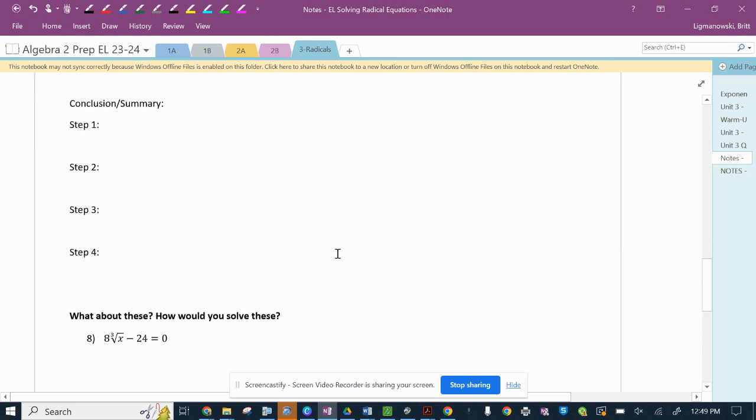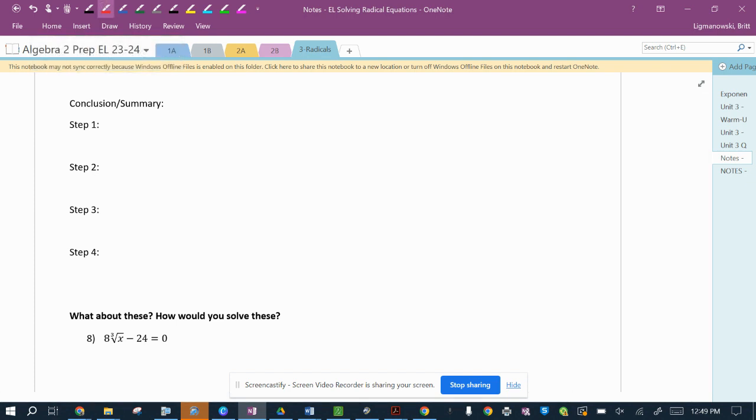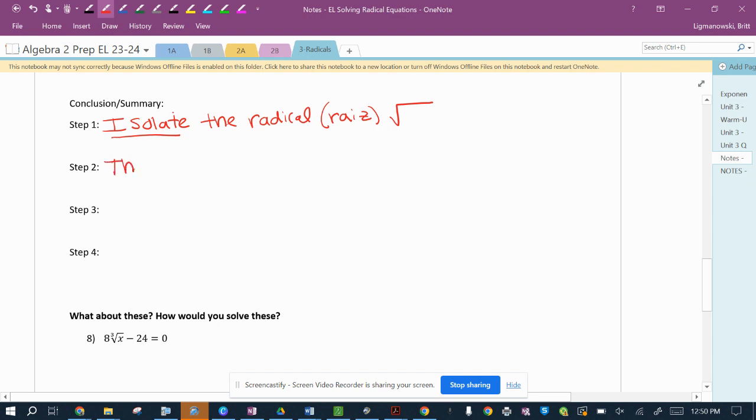So on the back, we're going to go over some steps. So our first step is going to be to isolate the radical, the raíz. Once we have that isolated, then we square or cube both sides.